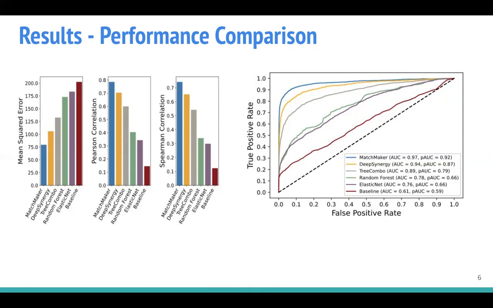In general, scientists do not focus on the lowest scores around 0, and they only care about the high magnitude scores. Therefore, we discretize our predictions as synergistic if the drug pair has a Loewe score higher than 10, and antagonistic if the score is less than -10. As you can see in the right figure, the curve of MatchMaker dominates all the others and achieves the highest AUC score.